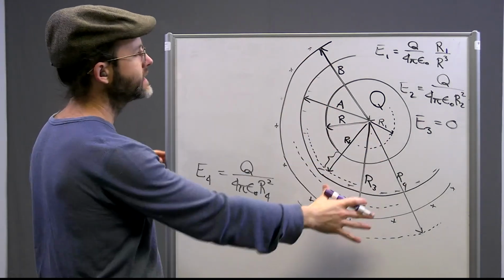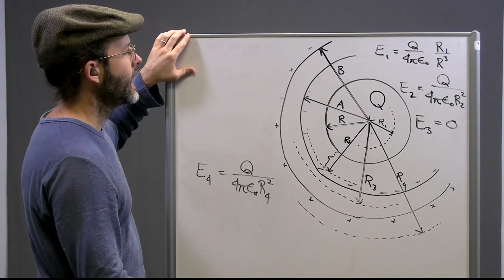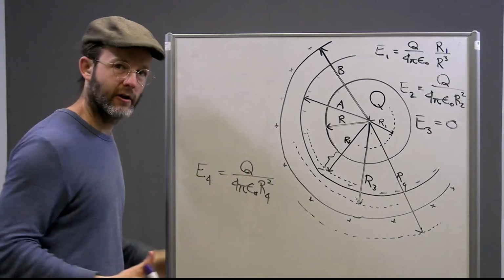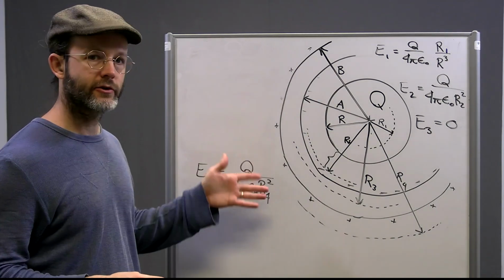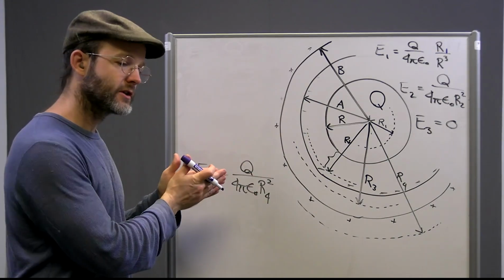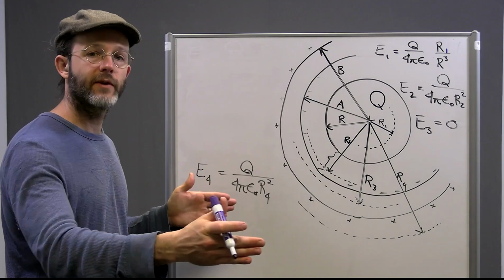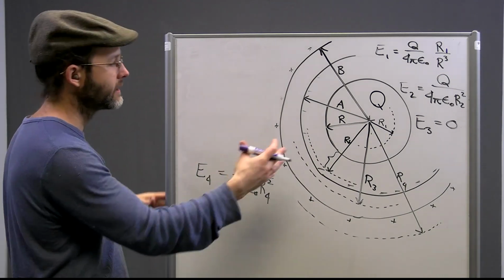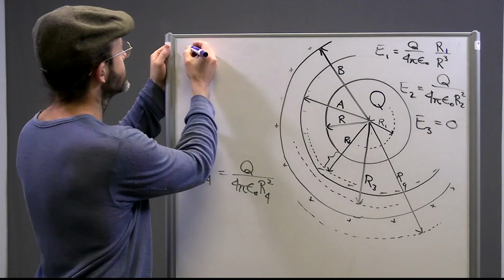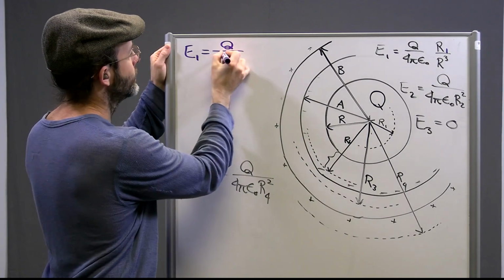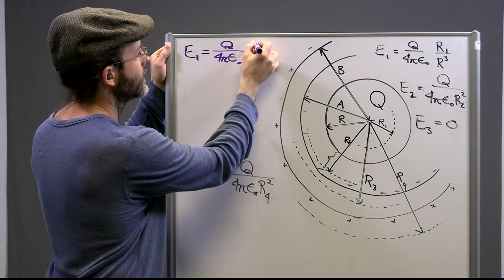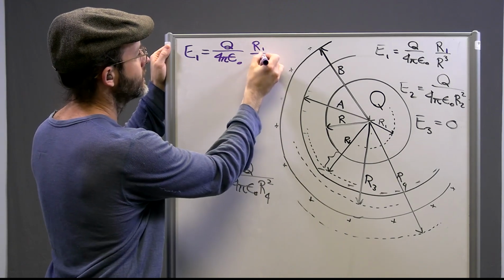I'm going to list all of these here and save room for us to draw a graph. Our ultimate goal here is to draw a graph of how the electric field changes as a function of distance from the center or the origin, so how it changes as a function of radius. So we have E1 equal to Q over 4 pi epsilon naught times R1 over R cubed.